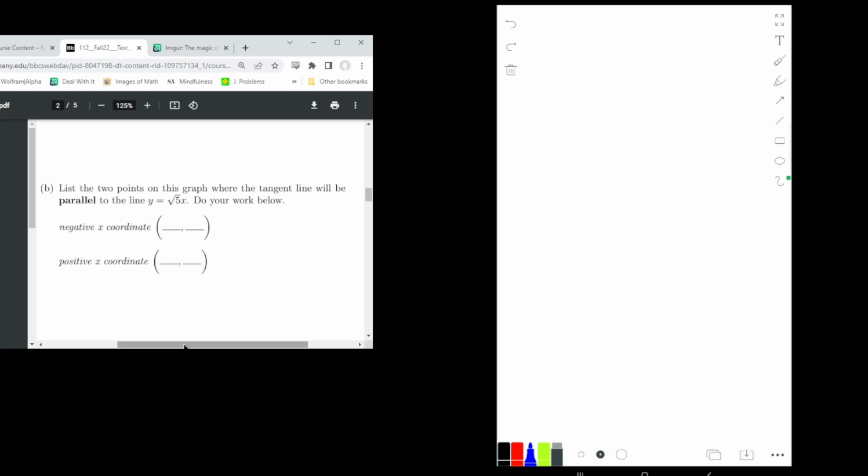So parallel means it has the same slope. So we're looking for a place where dy/dx, that is, x over y, equals the square root of 5. But if this is true, if x over y equals the square root of 5, then x equals the square root of 5 times y.